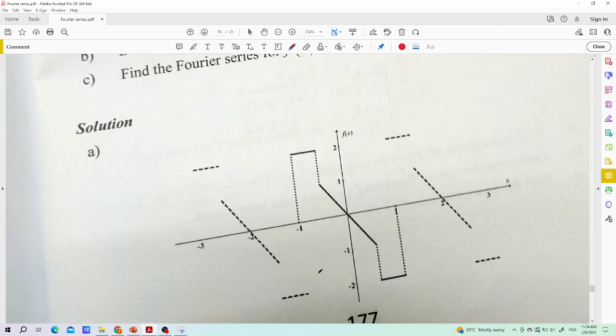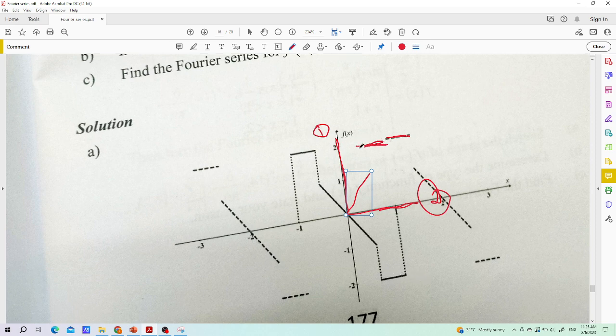Symmetrical about the origin means we put a mirror here, and then we put another mirror on the x-axis.